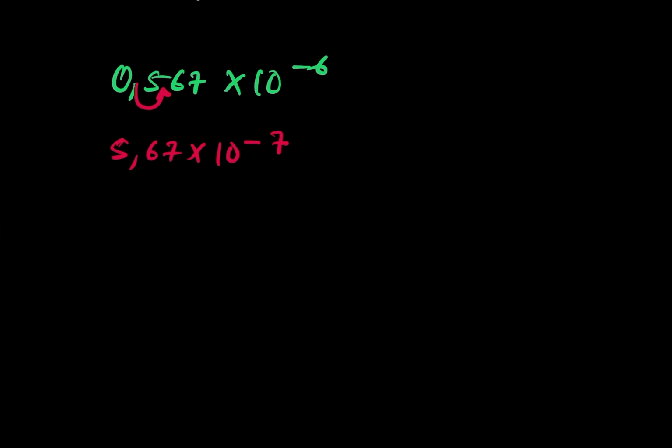Now, pay attention. If, let's say, I have 0,045 multiplied by 10 to the power 7. Look at this one here. This number here is not between 1 and 10.